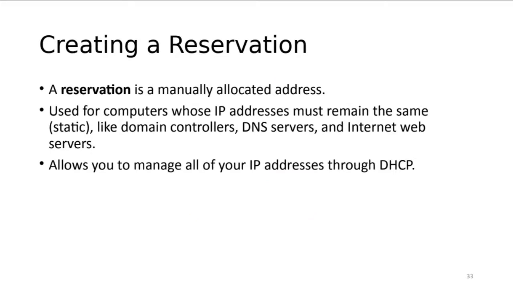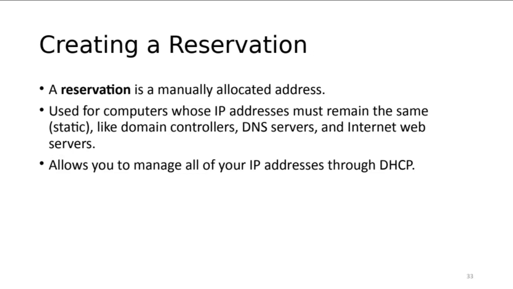To create a reservation: what is a reservation? A reservation is a manually allocated address. It is used for computers whose IP address must remain the same, static, not dynamic. Examples are domain controllers, DNS, and web servers, and it allows you to manage all of your IP addresses through the DHCP.